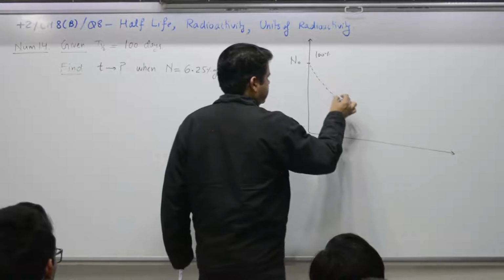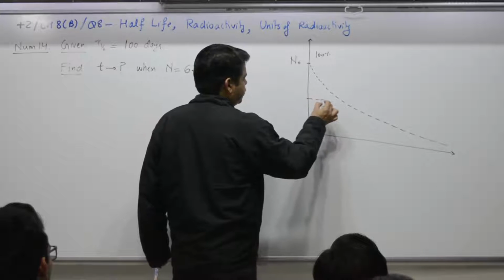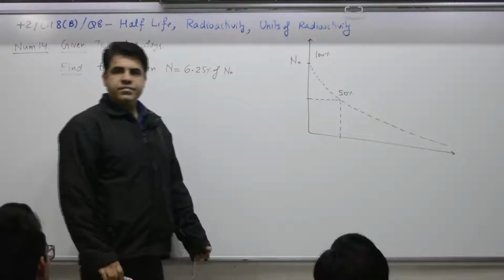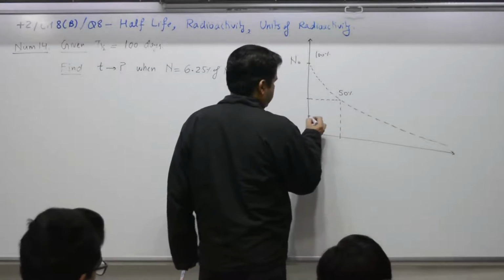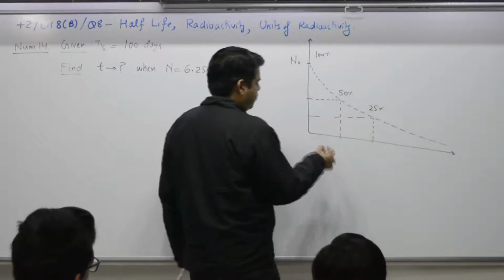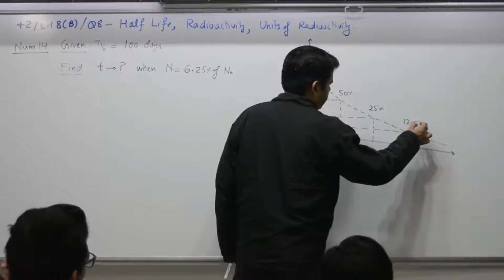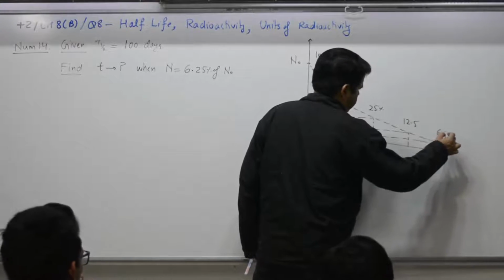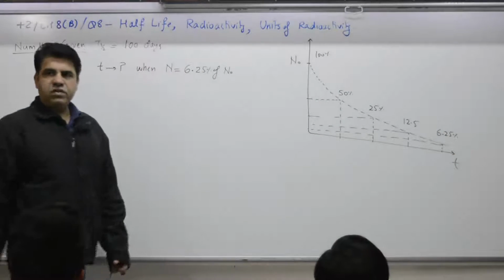The number decreases exponentially. In one half-life, the number reduces to half of the original, 50%. Next half-life, half of this value, 25%. One more half-life, 12.5. One more half-life, 6.25%. So on the graph you can solve it this way.